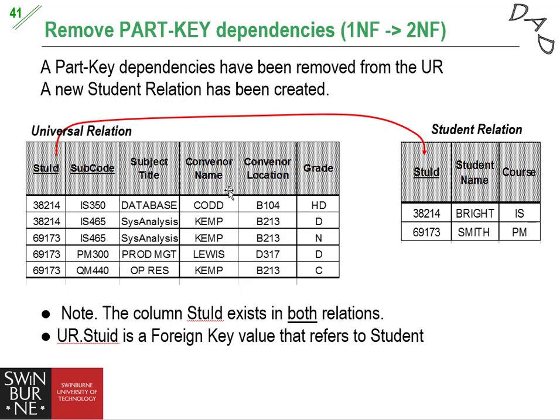Which columns are determined by the subject code? Subject title, convener name basically, and also perhaps convener location. So subject title, convener name, and convener location depend on the subject code.